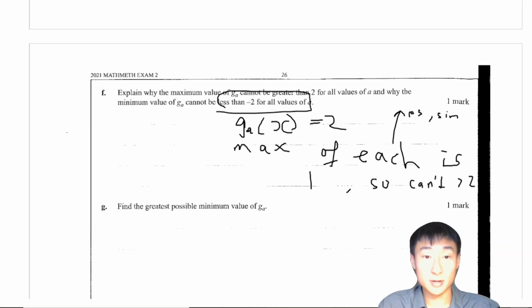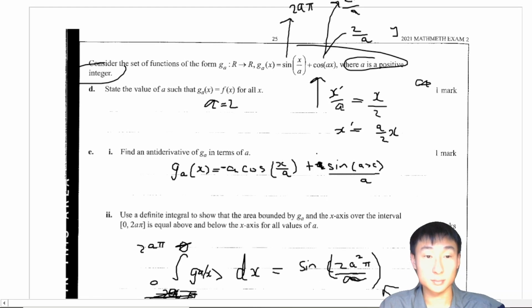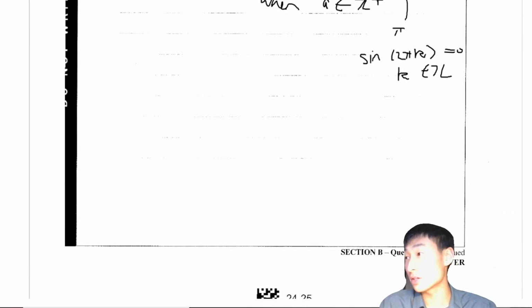Find the greatest possible minimum value of GA. I think this is not in terms of A. I think that would have to occur when A is equal to 1, because you get a trend where it gets higher and higher, closer and closer towards it. So when A is equal to 1, you just get the minimum value of this, right?